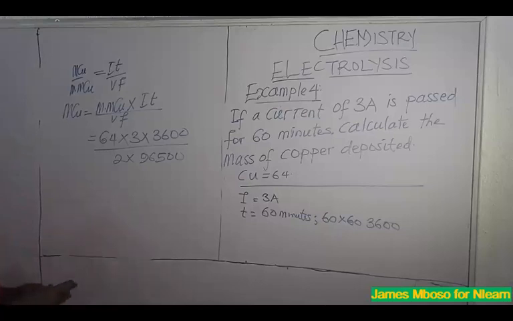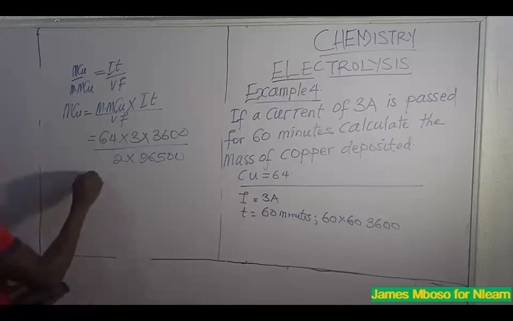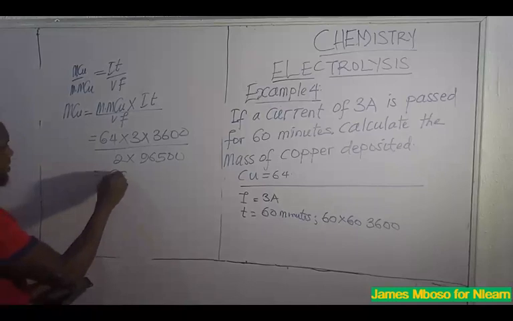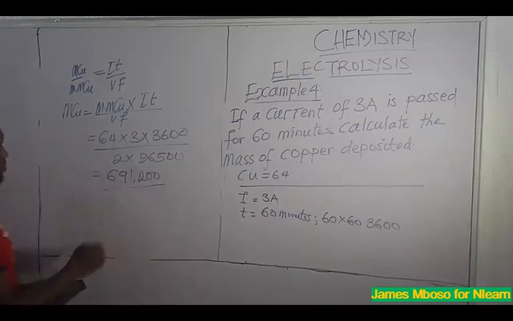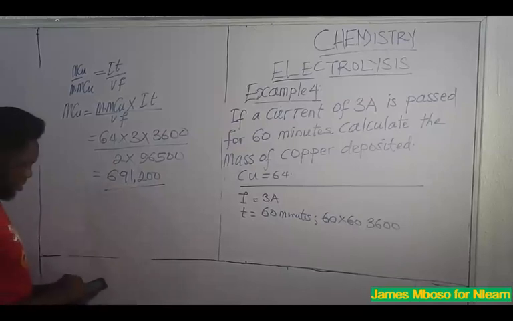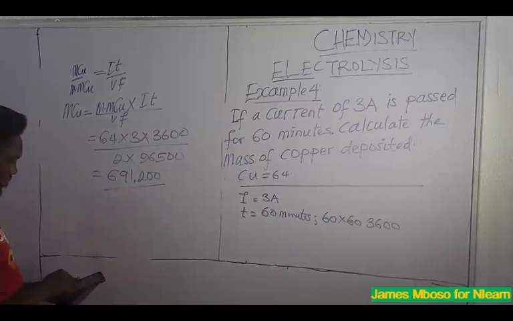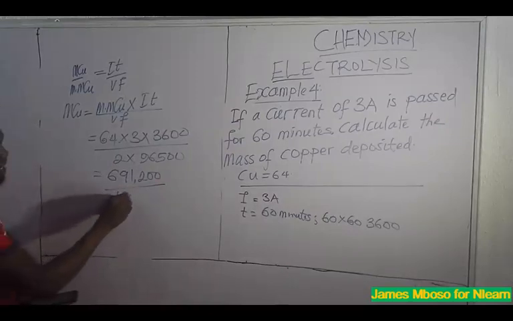So we multiply, so we have 691,200. Then we have here 193,000.